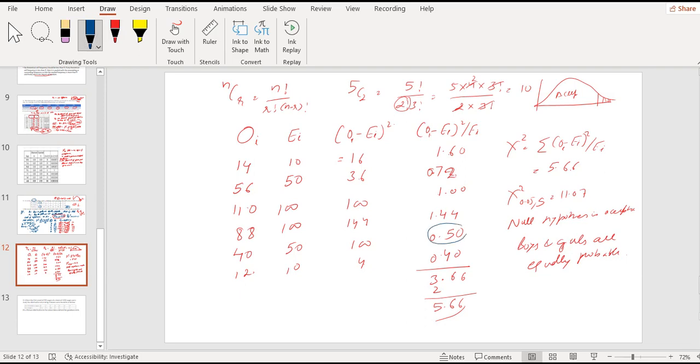It is not 0.50, it is 2, because 100 divided by 50, its value is 2. So its value is 5.66 plus 2 is 7.66, right? Still the value is smaller than the tabulated value, so hence null hypothesis accepted.